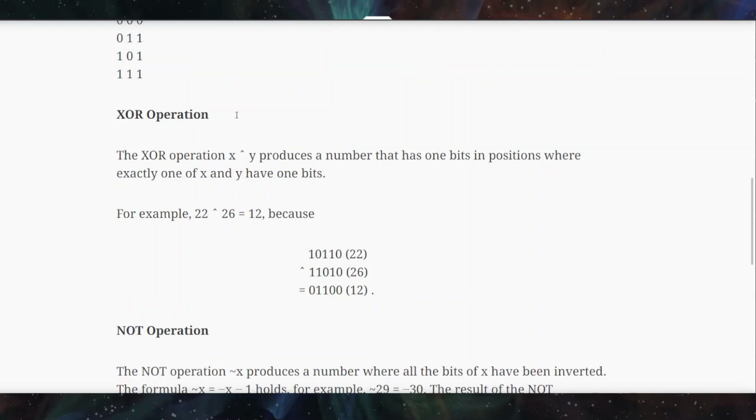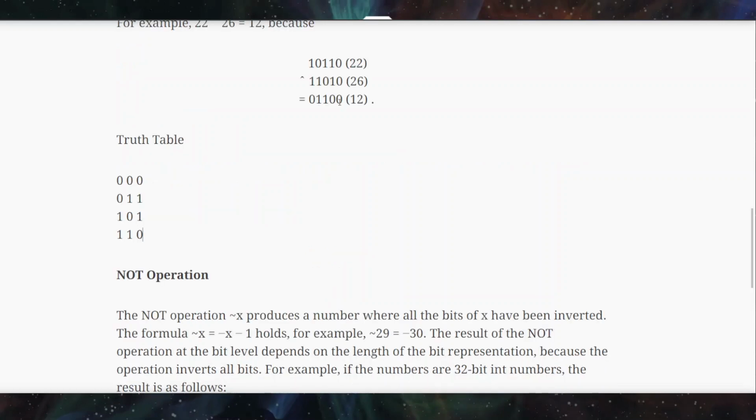The XOR operator gives output 1 when the two bits are not the same, and if the two bits are the same, it gives output 0. Let's take a quick look at the truth table so you can easily understand. Here is the truth table: 0 0 gives 0, 0 1 gives 1, 1 0 gives 1, and 1 1 gives 0.